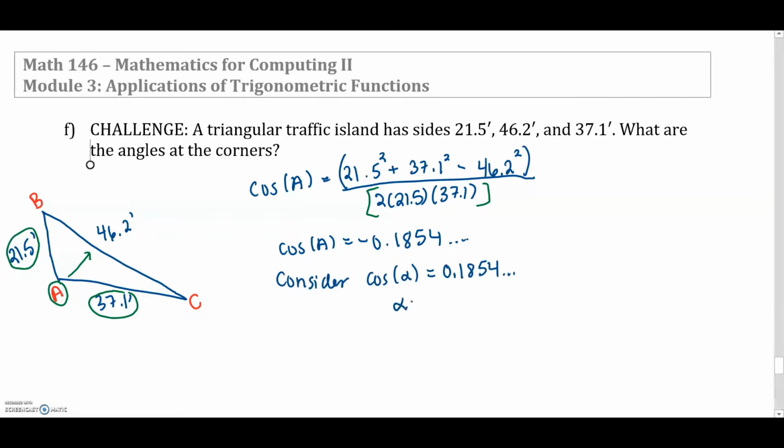We find that alpha is equal to 79.3 degrees. Now using the CAST rule, we want to figure out where cosine is expected to be negative. We know that cos is negative in the second quadrant and the third quadrant.